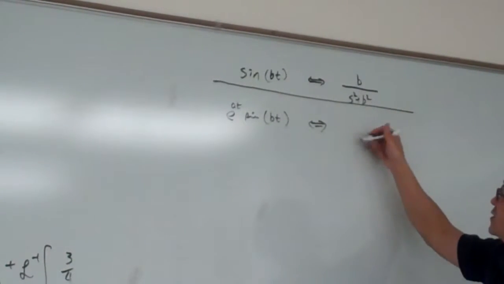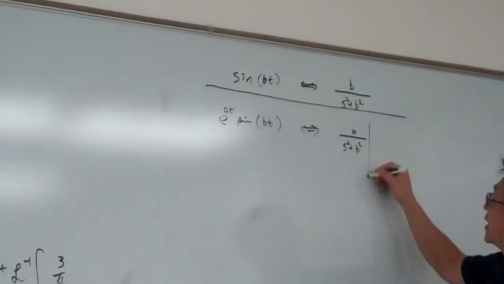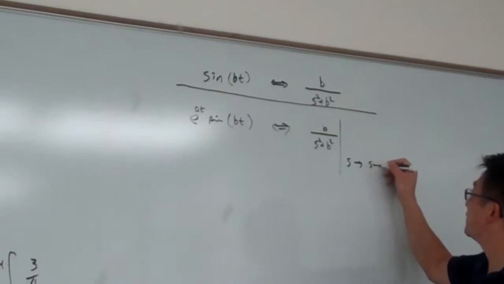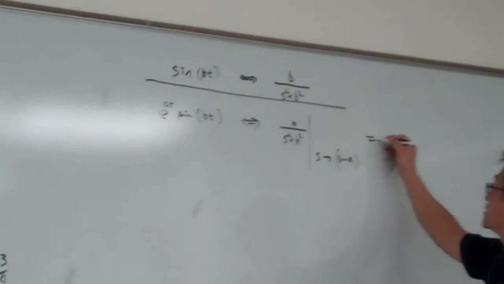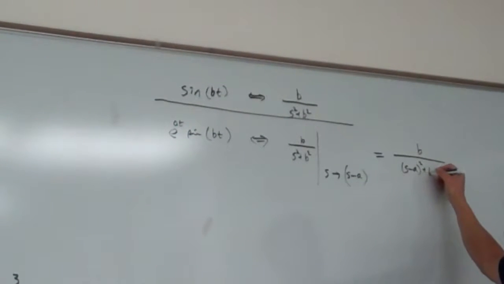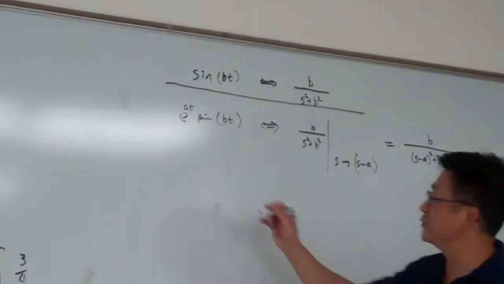You take the template from the generic form and replace s by s minus a. So basically the result is b over (s minus a) squared plus b squared. And an example is this.